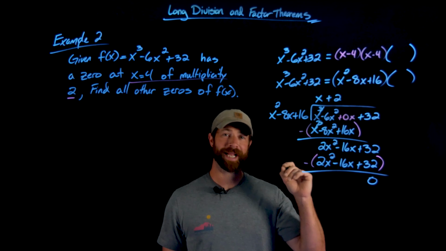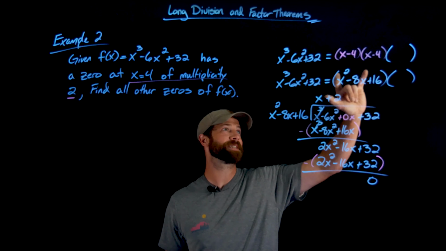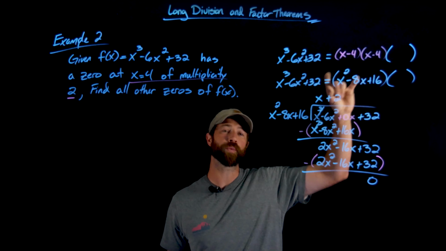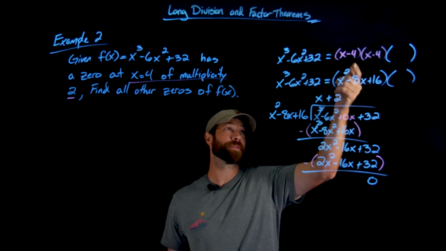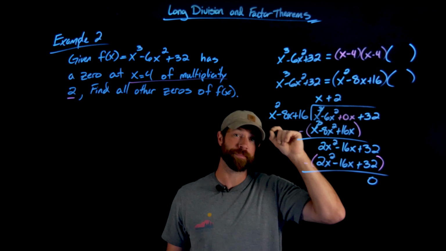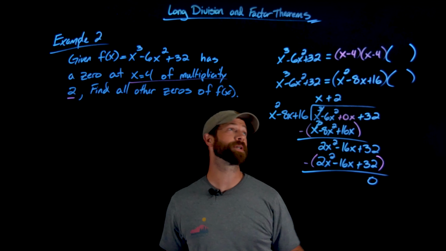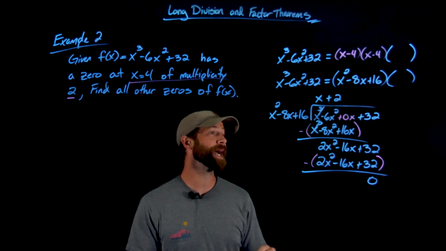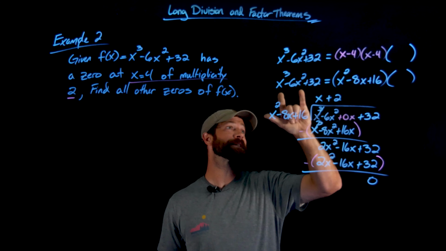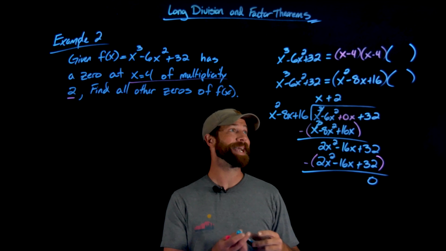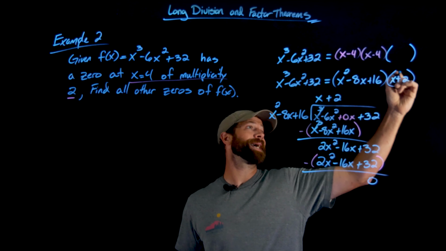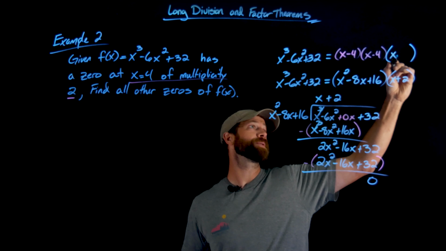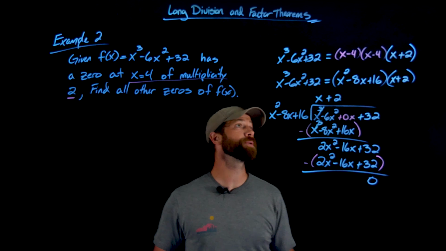And that's important. I absolutely expected that, because I expected when I divided by these, I wouldn't get a remainder, because x equals 4 is a 0 of multiplicity 2 of this original polynomial. But what I found is that this results in x squared minus 8x plus 16 times x plus 2.